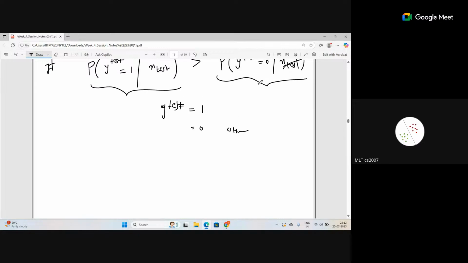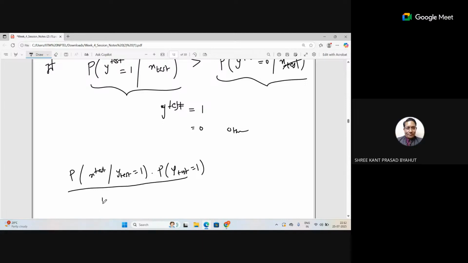But do I know the Bayes rule? Yes. If I apply the Bayes rule here, can I say that probability of y test given x test will be probability of x test given y test equal to 1, into probability of y test equal to 1, divided by probability of x test.